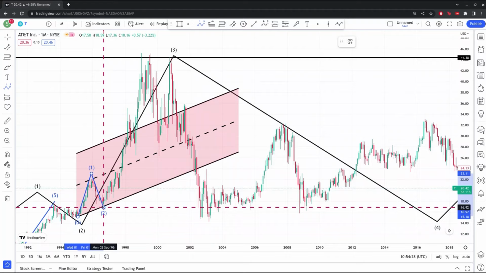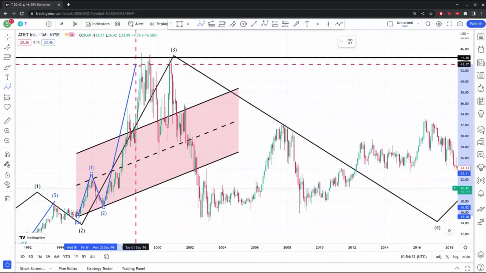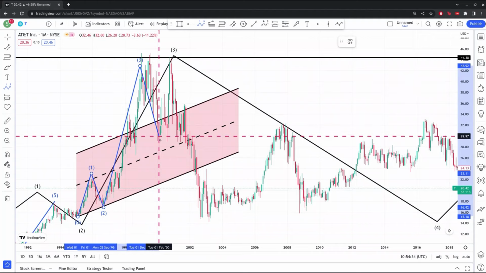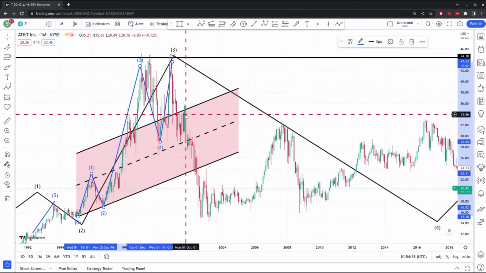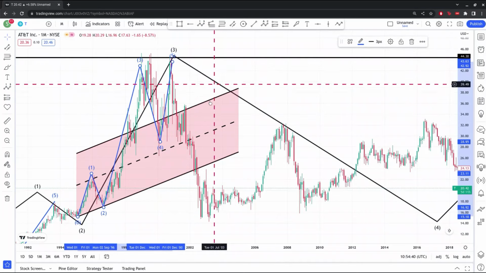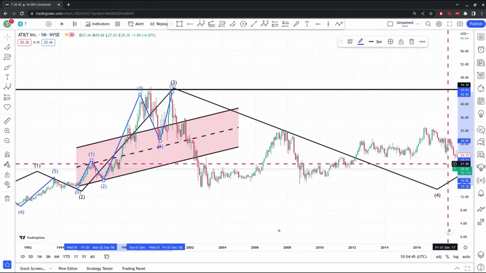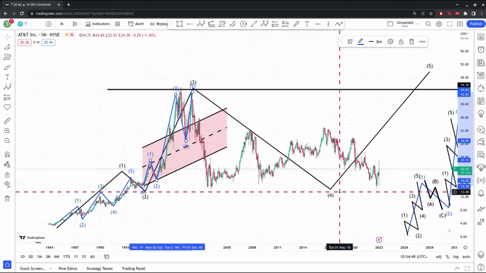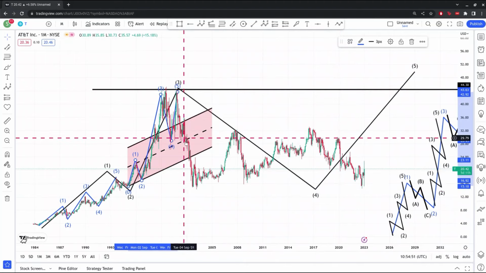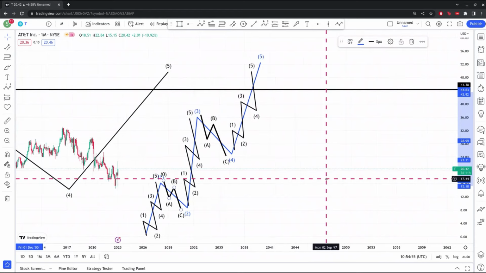Second, third, the fourth, and the 5th. So at the end of the third wave, what comes next is the 4th wave, which is an ABC pattern.